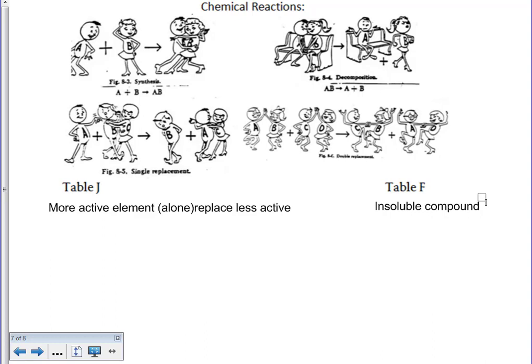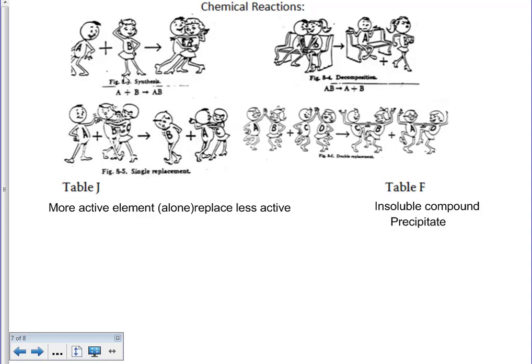And remember that insoluble compound we actually call a precipitate, so that's our solid there. We use table F to denote whether we have a soluble or insoluble compound. The other big part there is water. The production of water would also denote that a reaction has taken place.